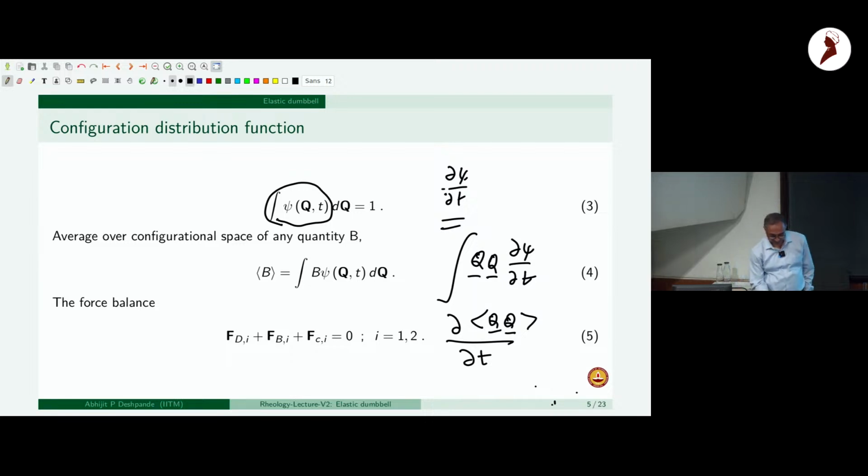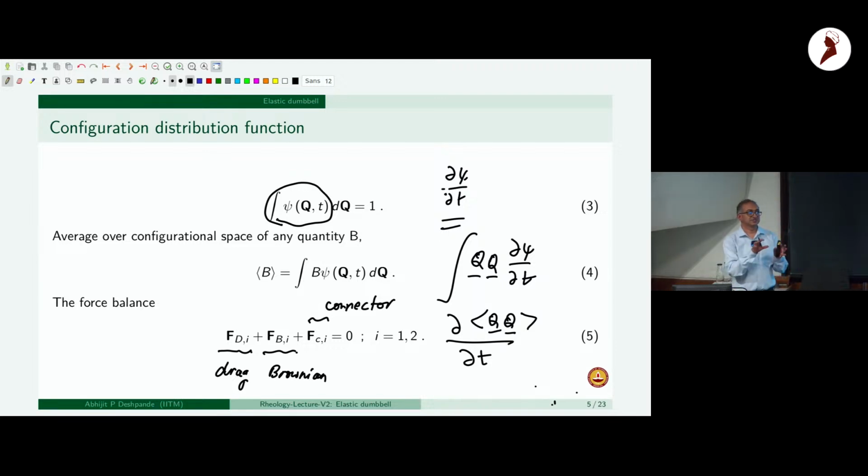And so the overall set of forces are the drag between the beads and the solvent, and then we have a Brownian force, which is a fluctuating force between the solvent, and then we have the connector force. So the overall force balance on each and every bead is just these.